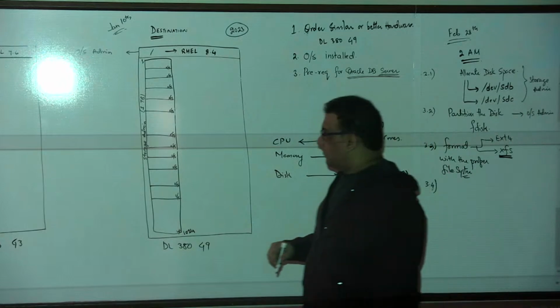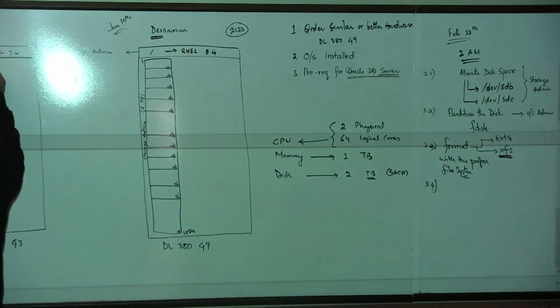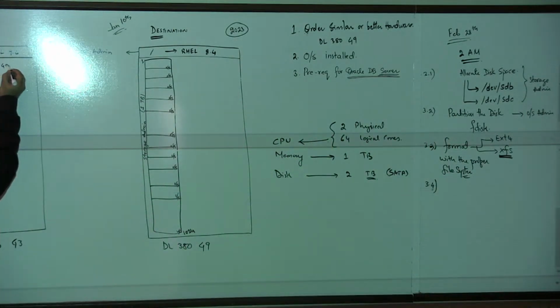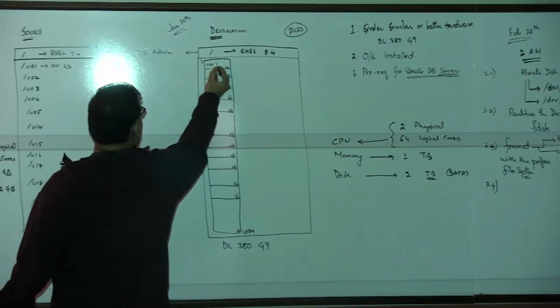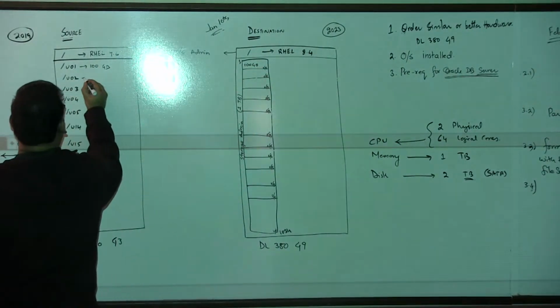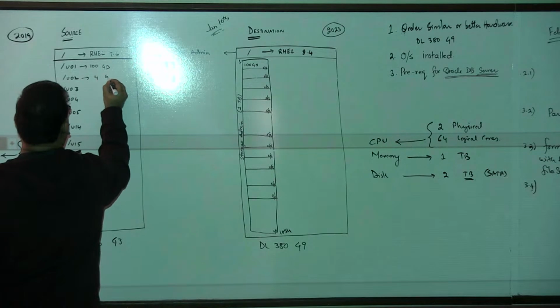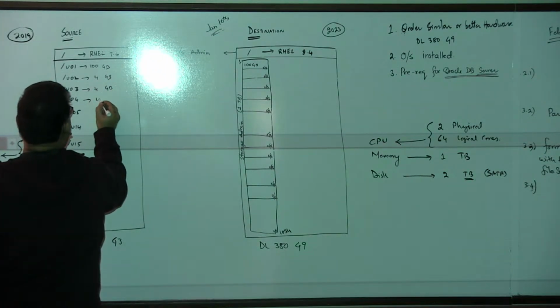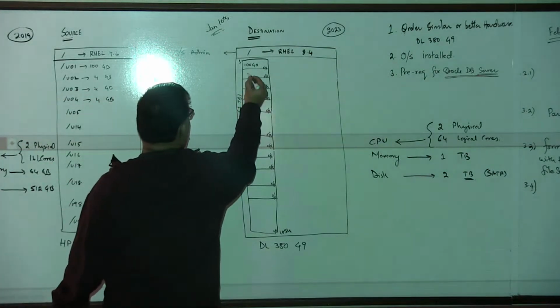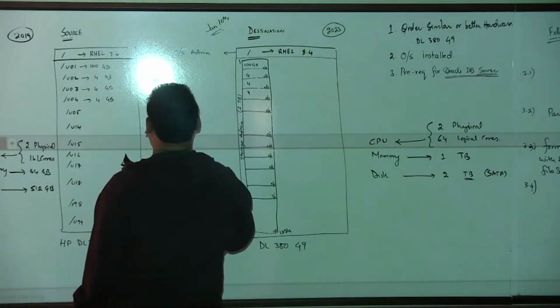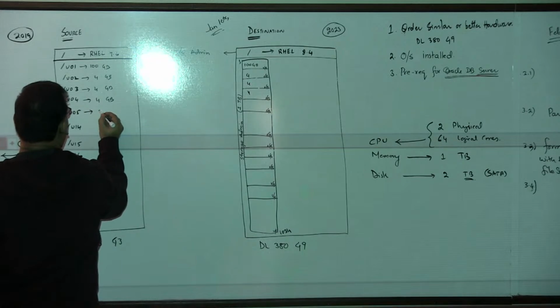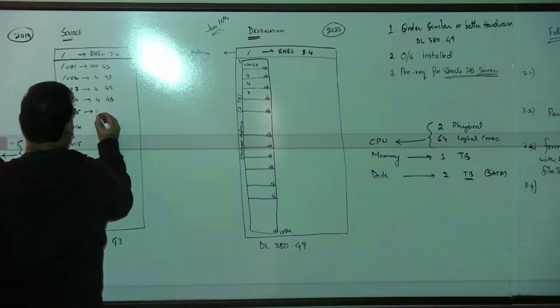For example, if I have this one as 100 gigs, I'm going to give the 100 gigs here. U02, I have 4 gigabyte. Control files are very small, 4 gigabyte. So I have 4 gigabyte here, 4 gigabyte here, 4 gigabyte here. Here I have, let's say, 200 gigs.